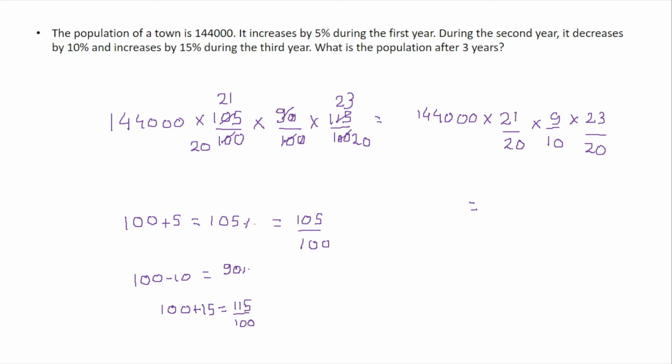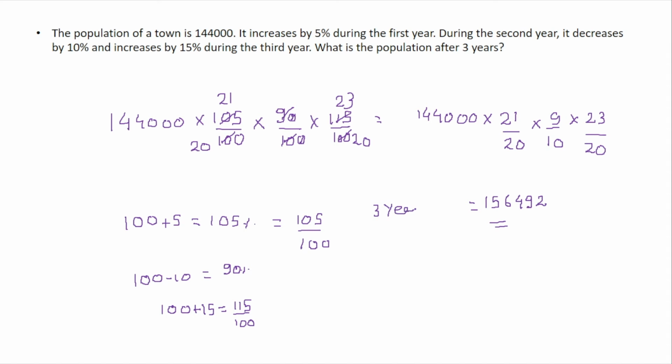Then there is a decrease, increase, and rest of the things that are going to happen. Okay, so you can solve this question. So after applying these changes, the answer comes to be 156,492. So this will be the population of the village after 3 years.